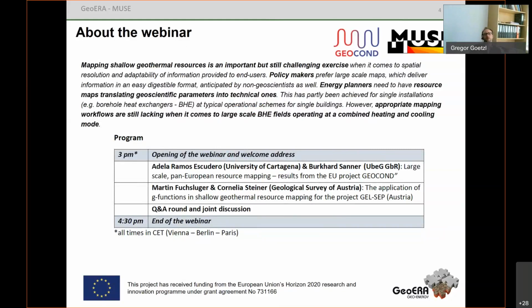The Geocond project provided pan-European maps, so at a very large scale, which is also very important for policymakers, interest groups, and so on. And in MUSE, we just looked at a very detailed scale. So we don't have any pan-European maps. So we're dealing with the typical problems of data assessment and the use of geodata in densely settled urban environments.